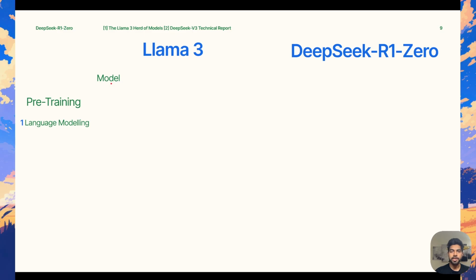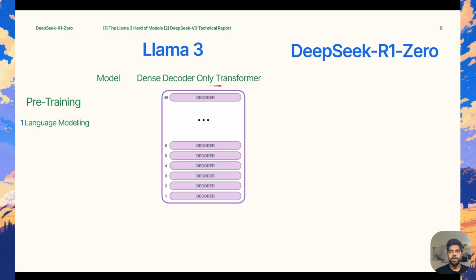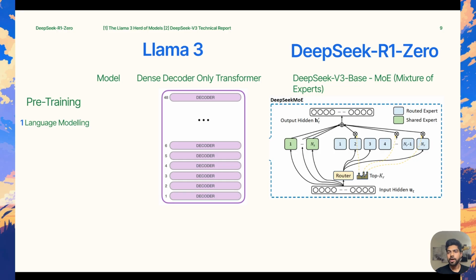In LLaMA 3, a dense decoder-only transformer model is used, where you have multiple layers of decoders stacked on top of each other. Whereas DeepSeek R1 Zero uses a different model, a mixture of experts, and it uses DeepSeek V3 base as the model.